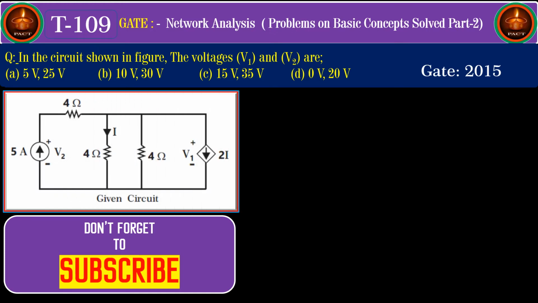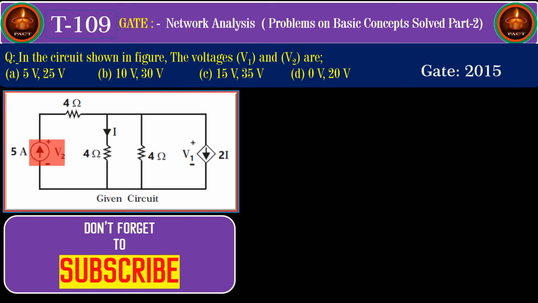Friends, next we shall solve the GATE question from 2015. It states that in the circuit shown in the figure, we are required to find the voltages phi1 and phi2. Phi1 is the voltage across the current source of 2I amperes and phi2 is the voltage across the current source of 5 amperes.